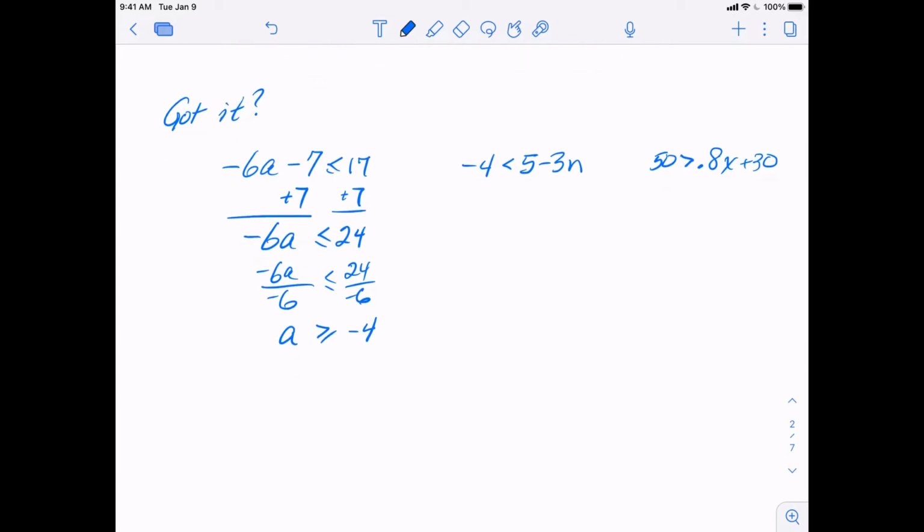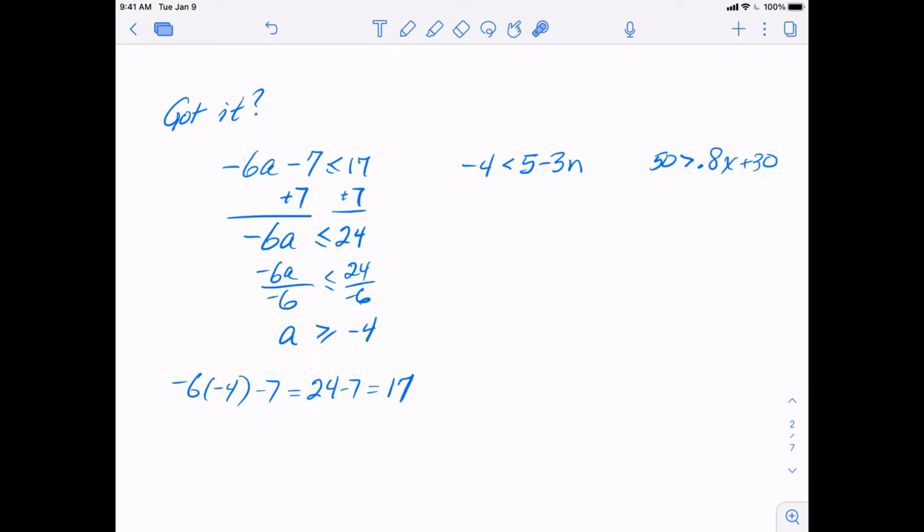We check our answer by first making sure that negative 4 checks on the equality. So negative 6 times negative 4 minus 7 equals 24 minus 7, which equals 17. So because when we plug in negative 4, we get positive 17, we know that we've found this point correctly.